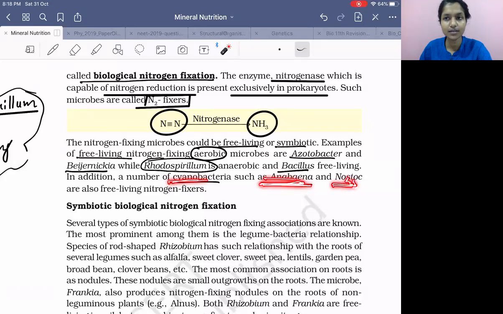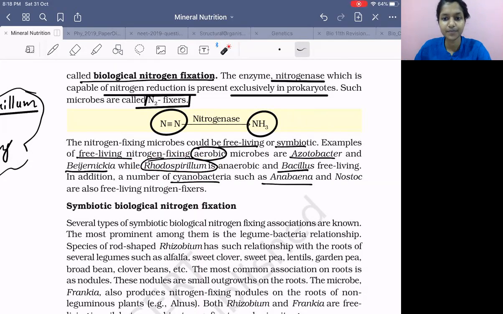They are photoautotrophs because they can use sunlight to do photosynthesis. All the others are chemoautotrophs. Anabaena and Nostoc are photoautotrophs. All of them are free living. All of them are aerobic except one, Rhodospirillum.